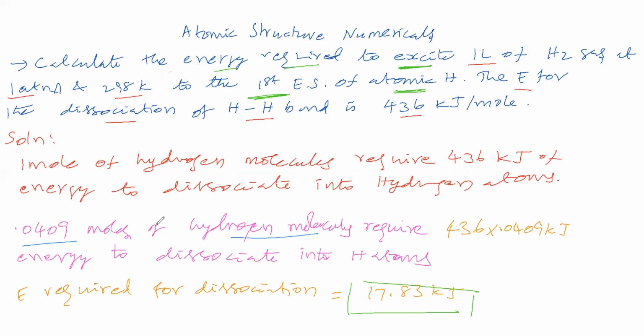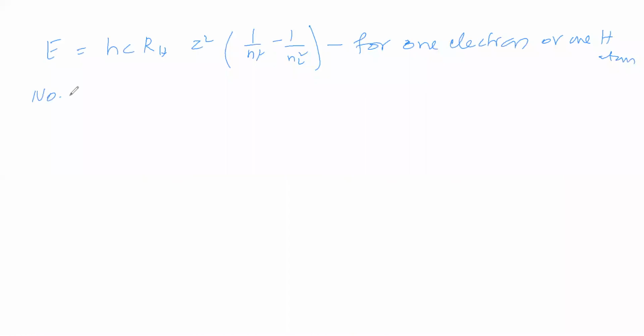So the number of moles of hydrogen atoms is equal to the moles of molecules, 0.0409, into 2 because it is diatomic.